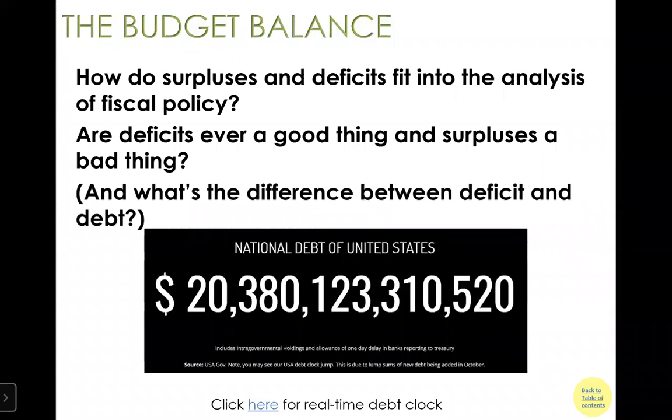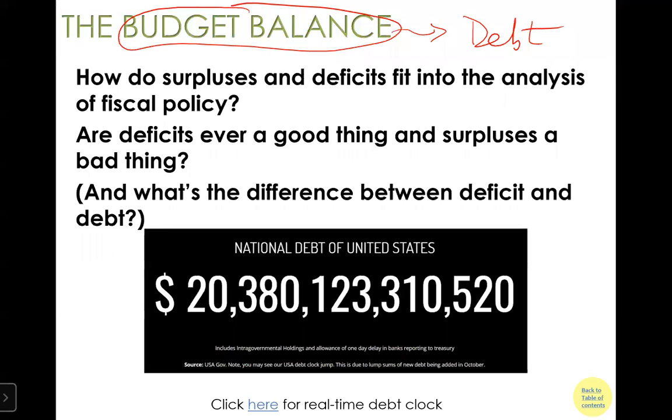The next thing we will discuss in this chapter is the government's budget balance, so that we can look at government debt. First, from earlier discussion, we understand a surplus and a deficit.